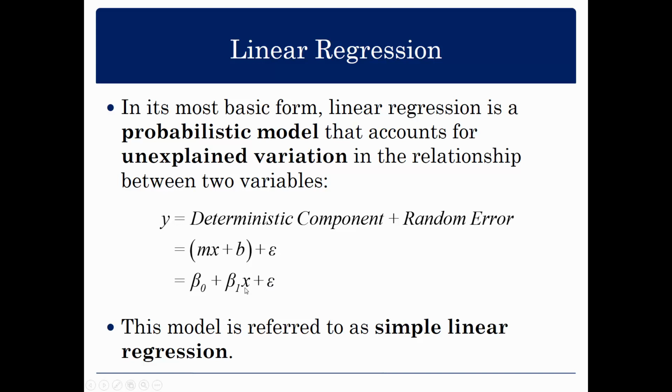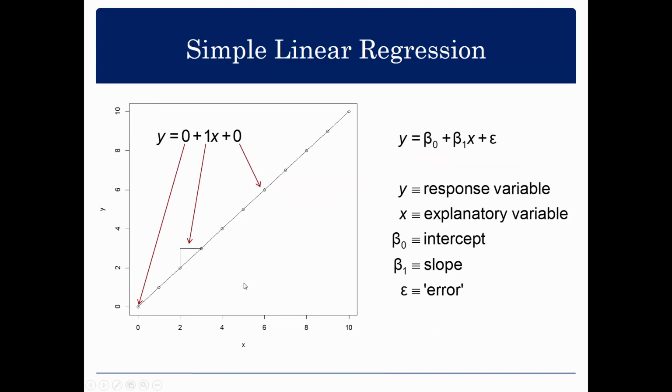And again, when you have a single predictor, you call that simple linear regression. When you have multiple predictors or multiple independent variables, like x1, x2, x3, that's called multiple linear regression. But they're doing the same thing. I'm going to demonstrate regression through simple linear regression because it's easier to visualize. So again, y is our response or our dependent variable. X is our independent or explanatory variable or predictor.